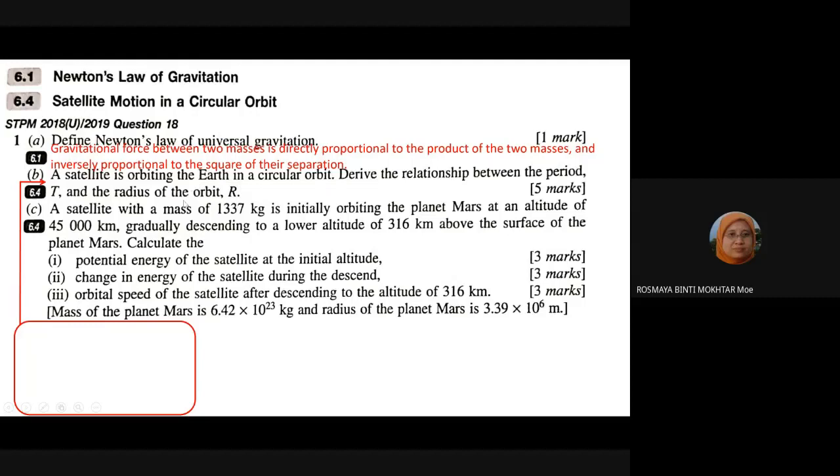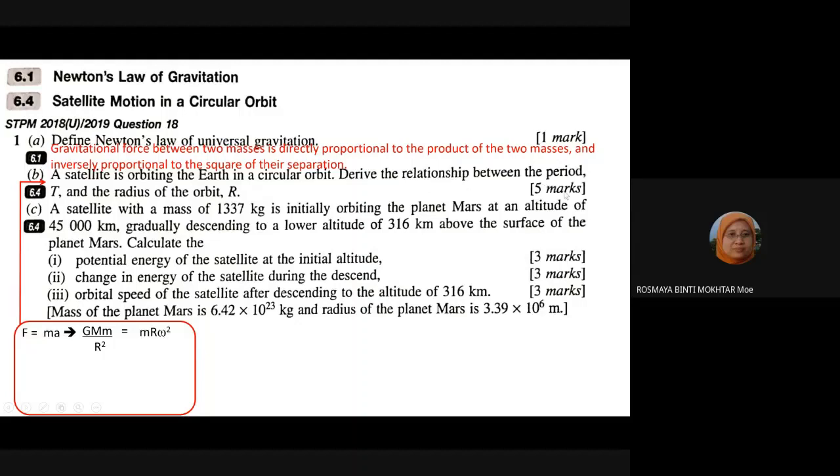The centripetal force is generally F equals ma, where F is the centripetal force and a is the centripetal acceleration. The centripetal force is provided by the gravitational force, GMm per r squared. For the centripetal acceleration, you substitute r omega squared, because omega is related to the period by omega equals 2 pi per T. That's why we use m r omega squared.